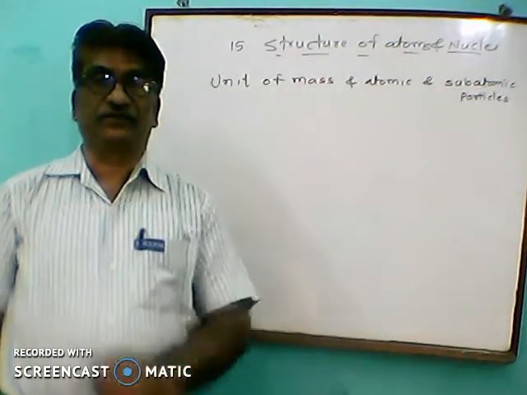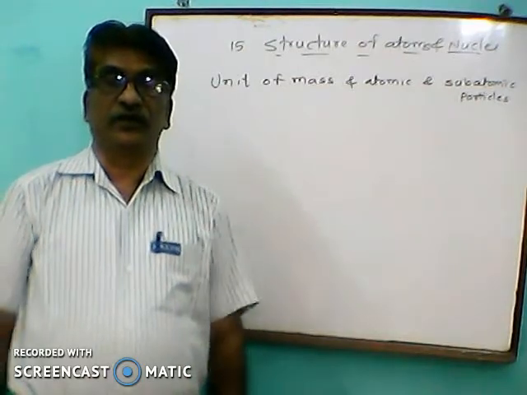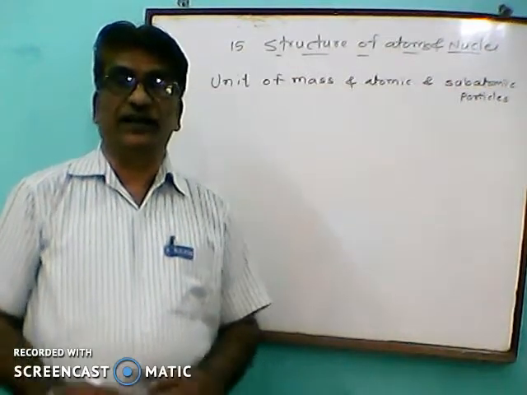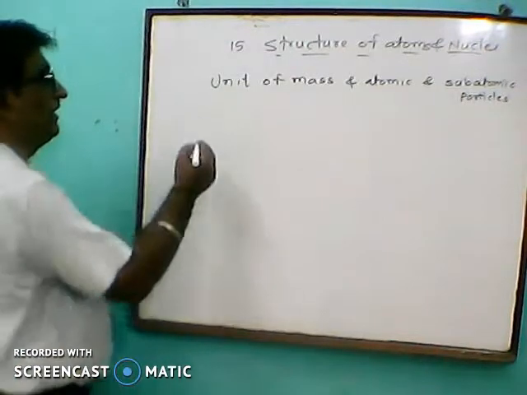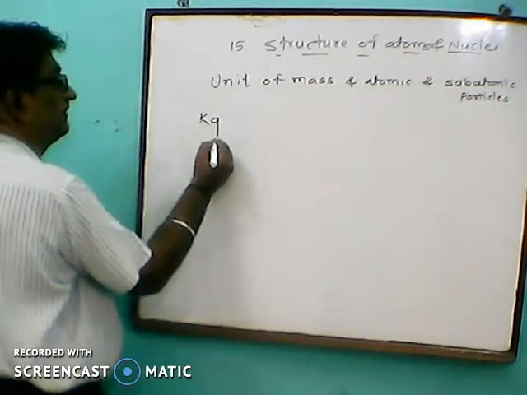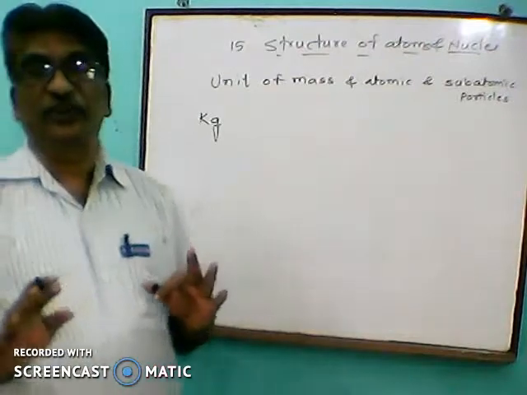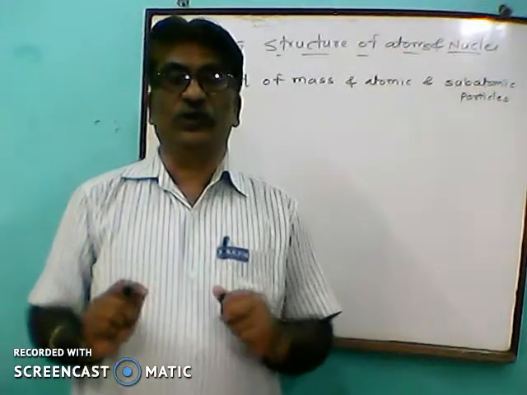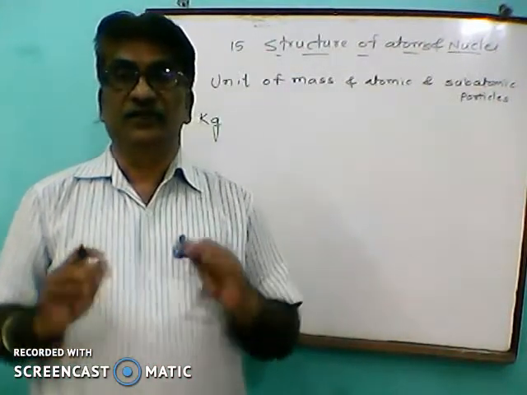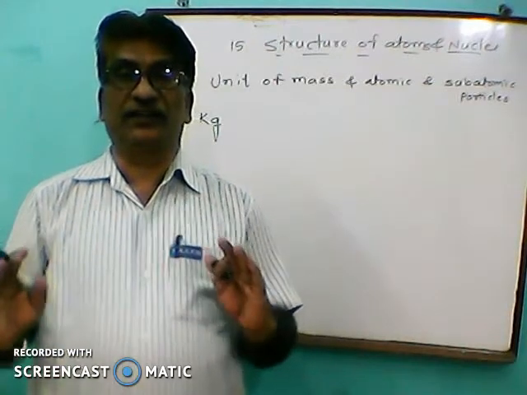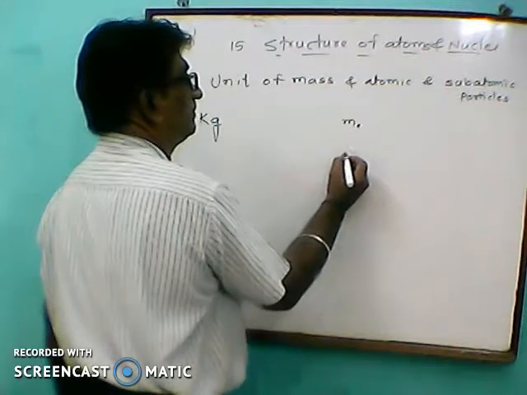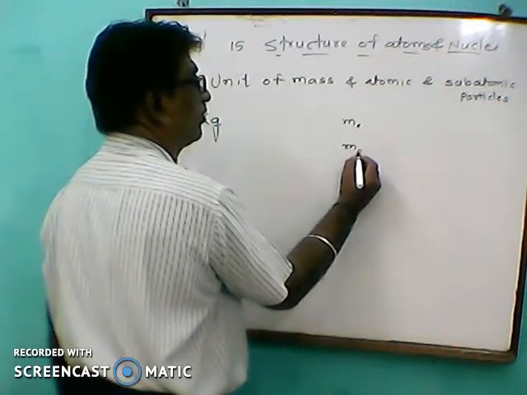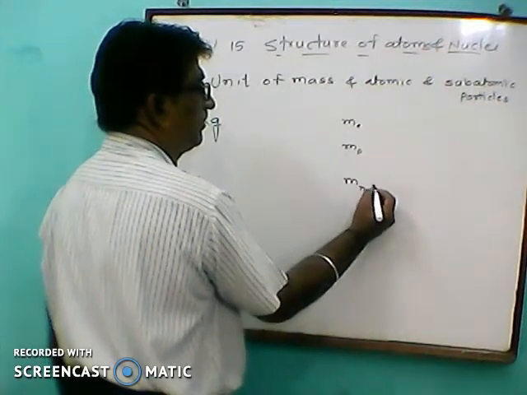The first unit for mass: we know that mass is a fundamental quantity and its unit will be kg. So we know the subatomic particles like mass of electron, mass of proton, mass of neutron.